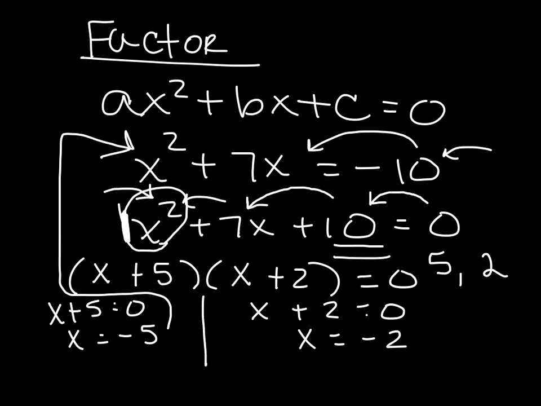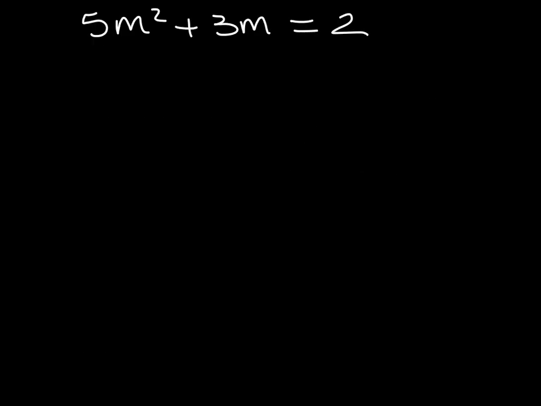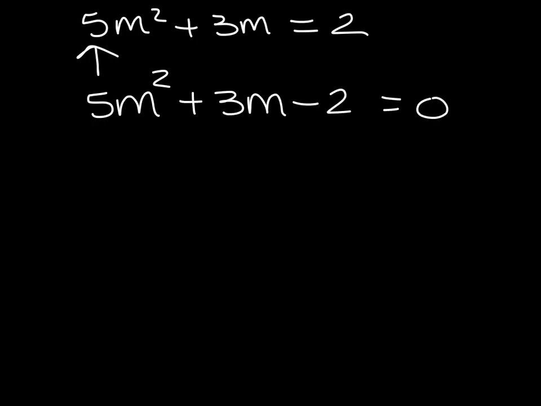Now, not everything will have a 1 in the front, so we need to look at one that doesn't. This one does not have a 1 in the front, but we can move this minus 2 over, and it's in the correct format. If we wanted to factor it, since it doesn't have a 1 in the front, what we would do is use what's called the AC method.